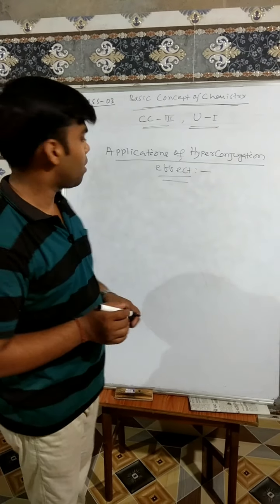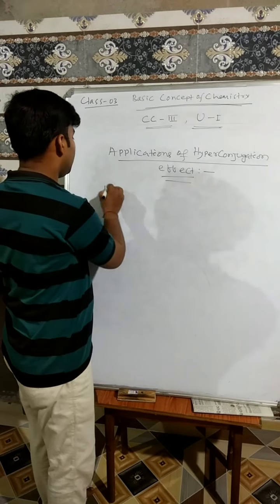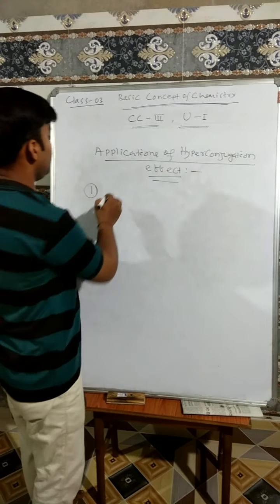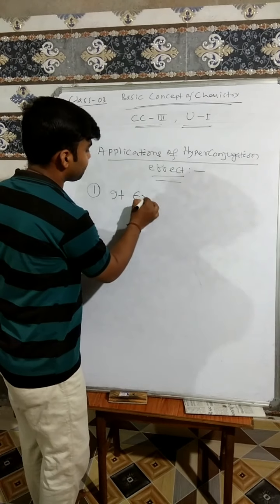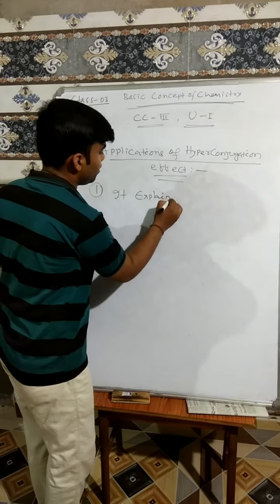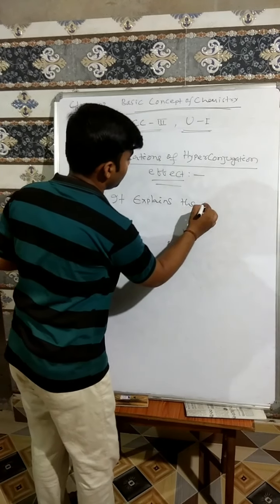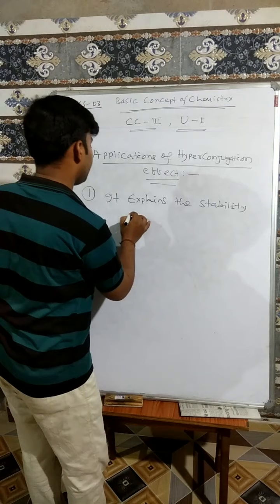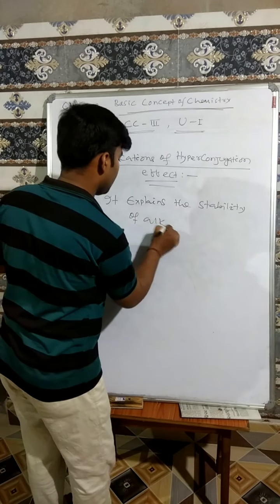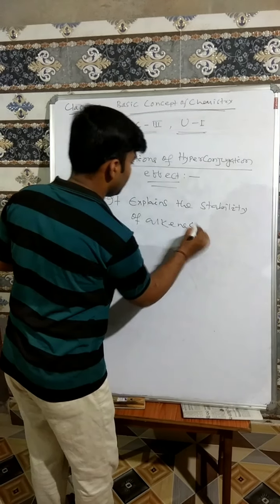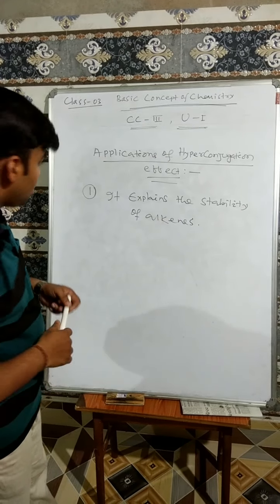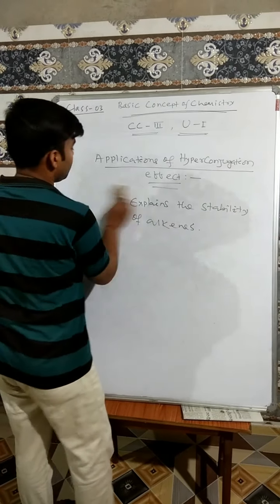Hyperconjugation effect. The important application of the hyperconjugation effect is, firstly, it explains the stability of alkenes. How can we predict the stability of alkenes? Now take one example.